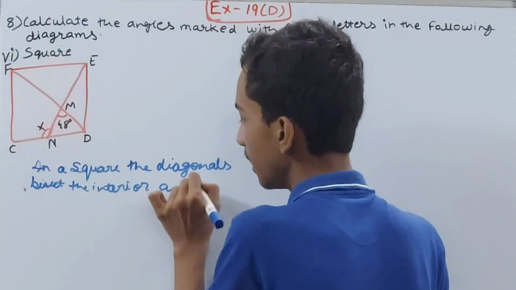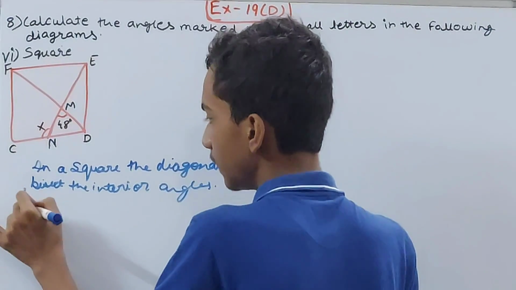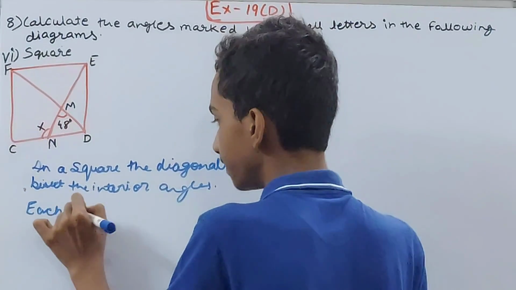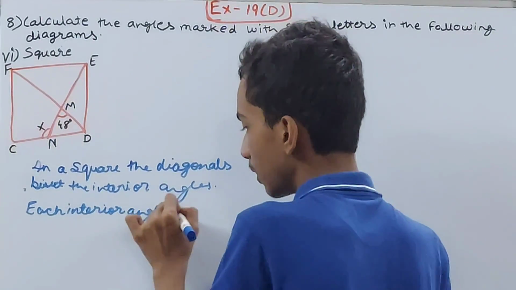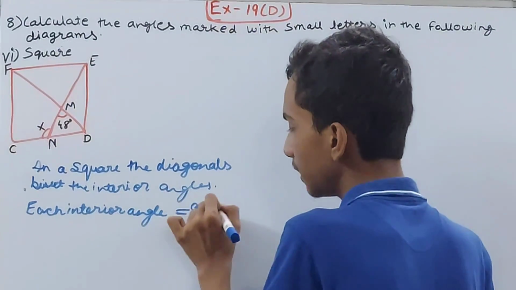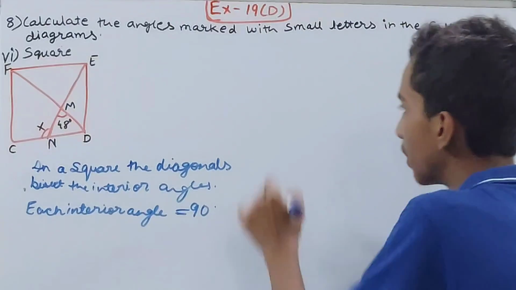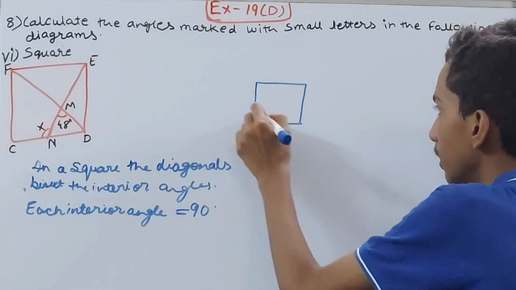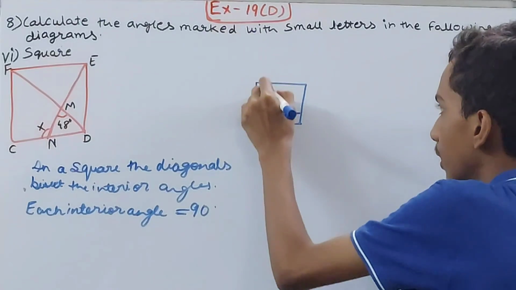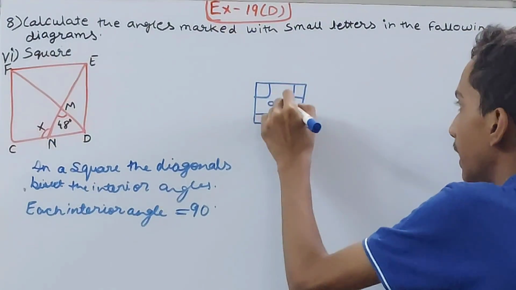This is one property, and each interior angle is equal to 90 degrees. This is another property, right? Because if in a square there are 4 angles like this, each is a 90 degree angle.